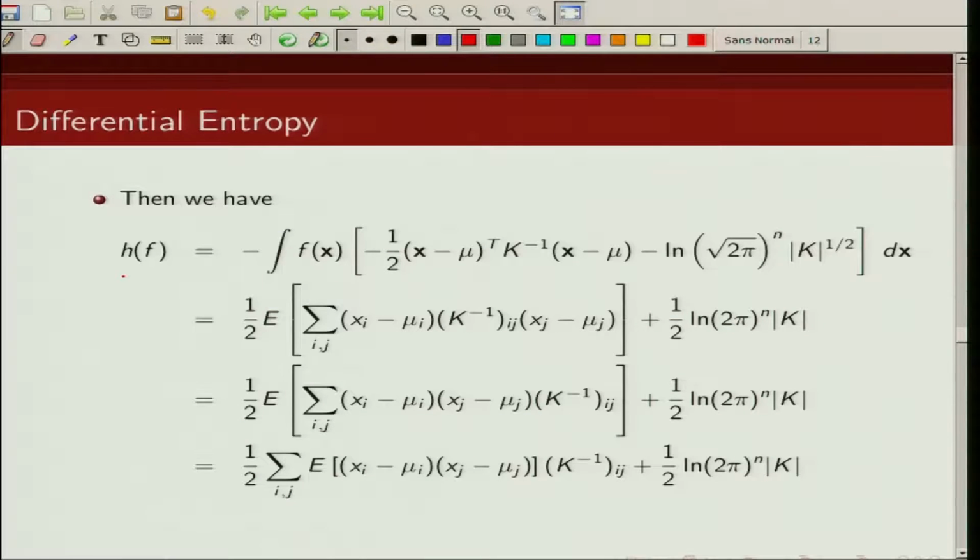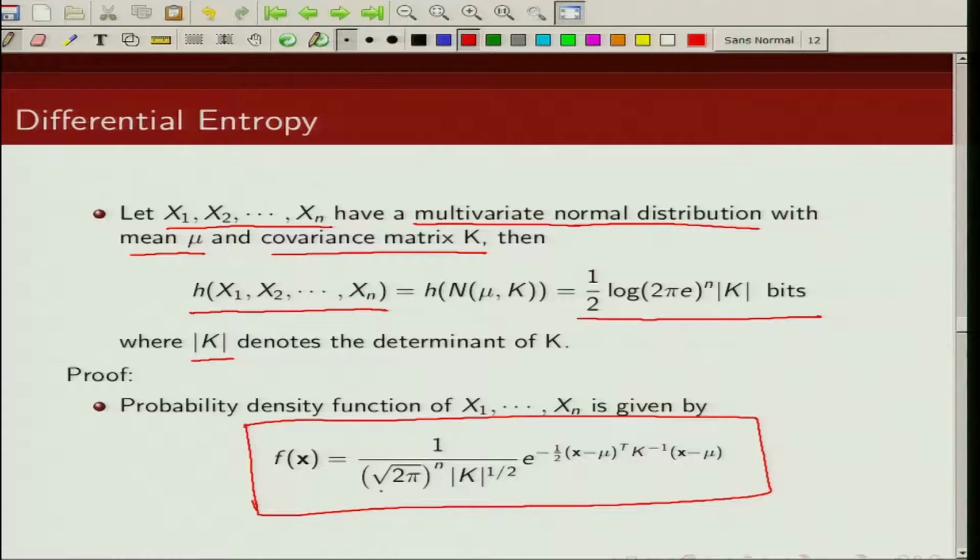Next, we apply the definition of joint differential entropy. So this will be minus integral of f of x log of f of x dx. So when we take log of this function, we will get log of this term plus this term, minus half (x minus mu) transpose K inverse (x minus mu).